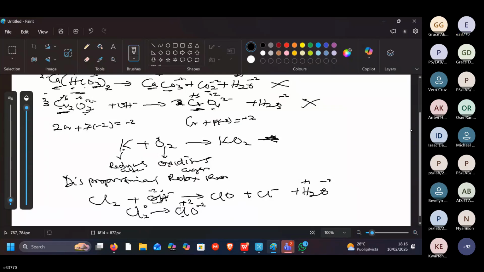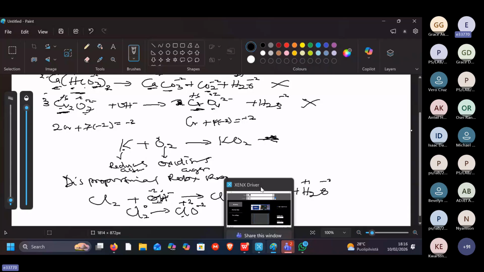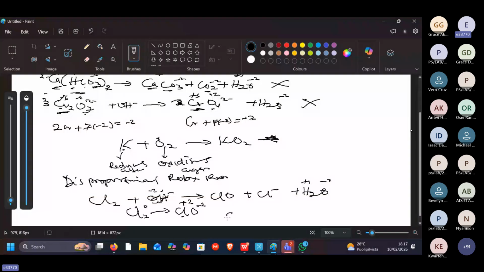Yes, sir. Now, the same chlorine moving to chloride: here it is 0, here it is -1. Do you see that? Yes.